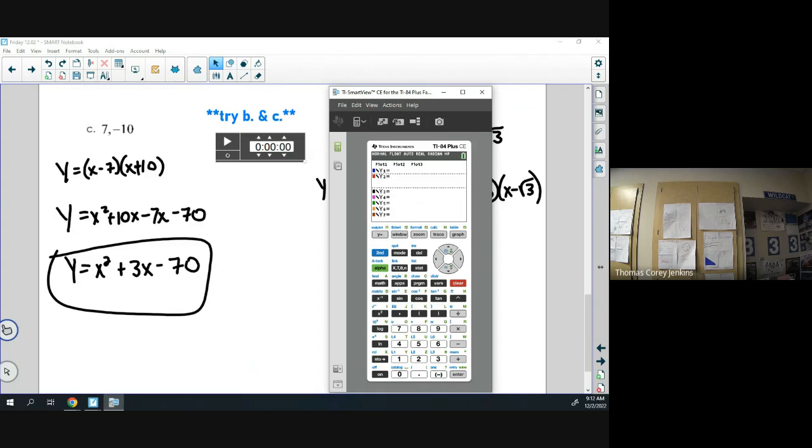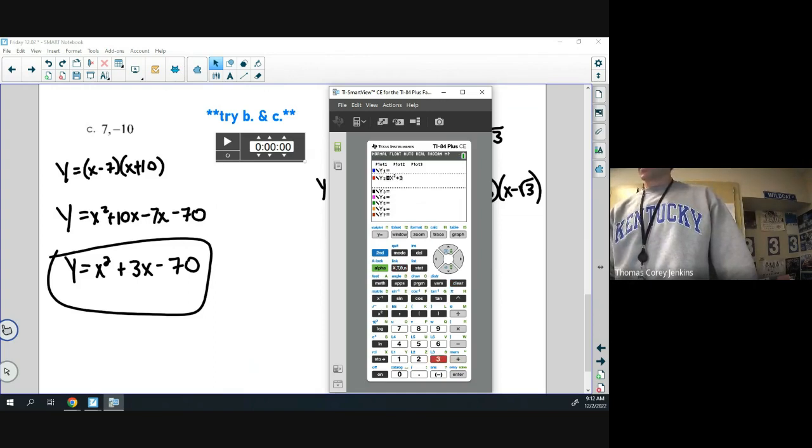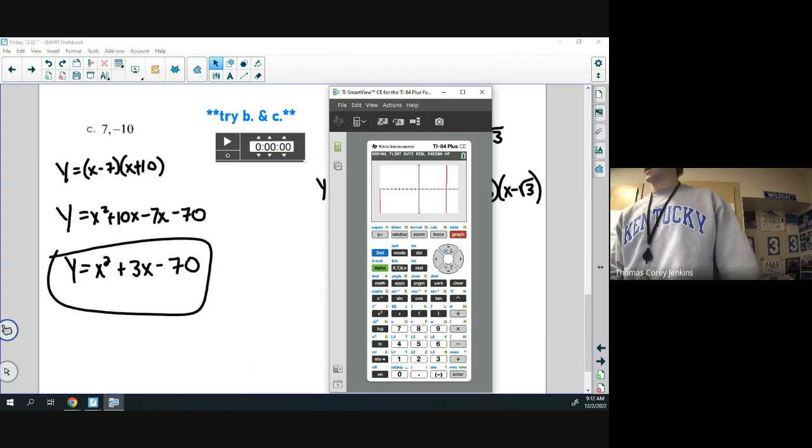That one would be a pretty easy one to check, say if this were a test question. We could just type it in real quick, x squared plus 3x minus 70. And then we're just looking, does it cross at those two x-intercepts, right? So you can kind of see there on the side, it would probably go through -10. You may want to zoom out there.